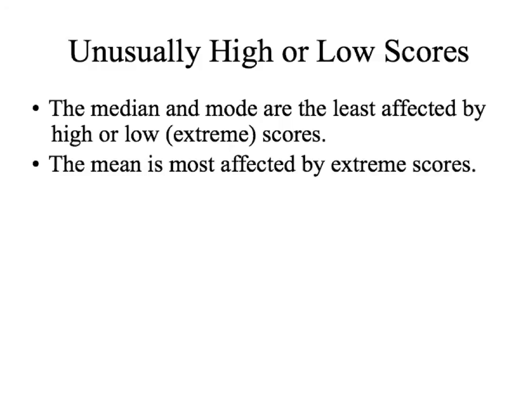And so the median and the mode are the least affected by those extreme scores or outliers. It's not going to affect them hardly at all, if it even does. What is affected is the mean. The mean is very much affected by extreme scores. And so when that happens, you have what's called skewness. So let's take a look at skewness.